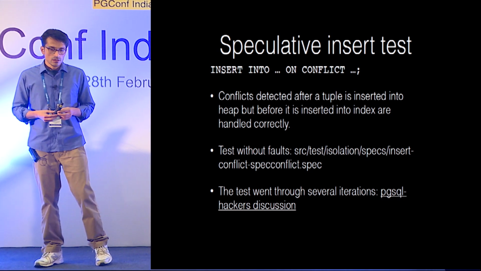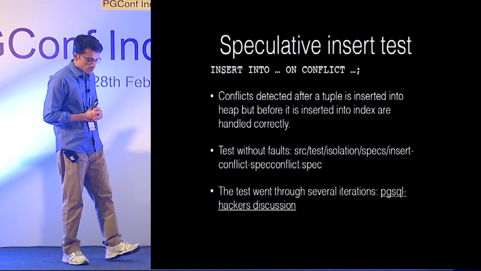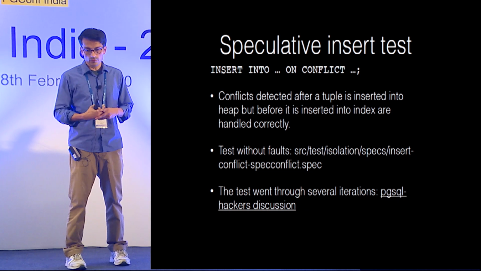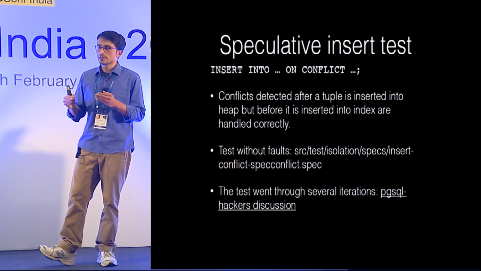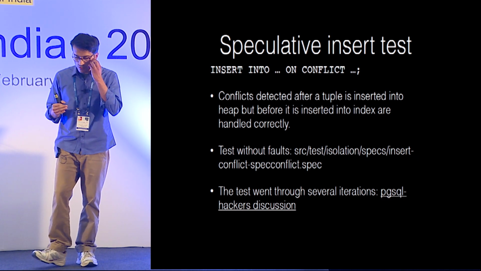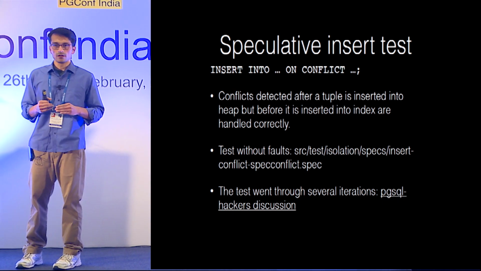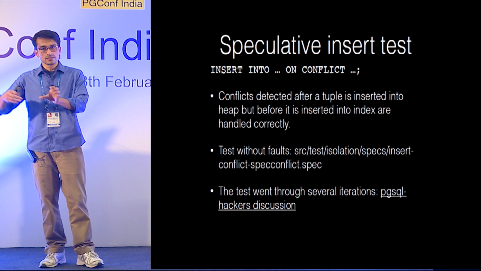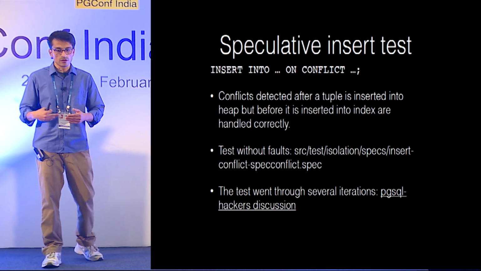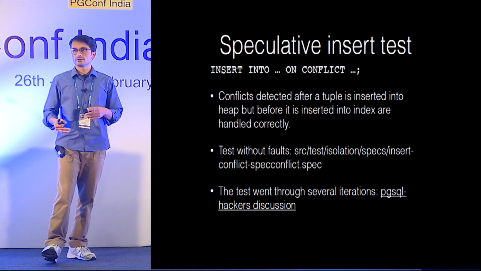The test specifically involves a conflict during insert on conflict, but those conflicts are detected at a particular point, when the insert has updated the heap table but is yet to make the corresponding updates on an index, and that's when the conflicts are detected because of a concurrently running transaction.